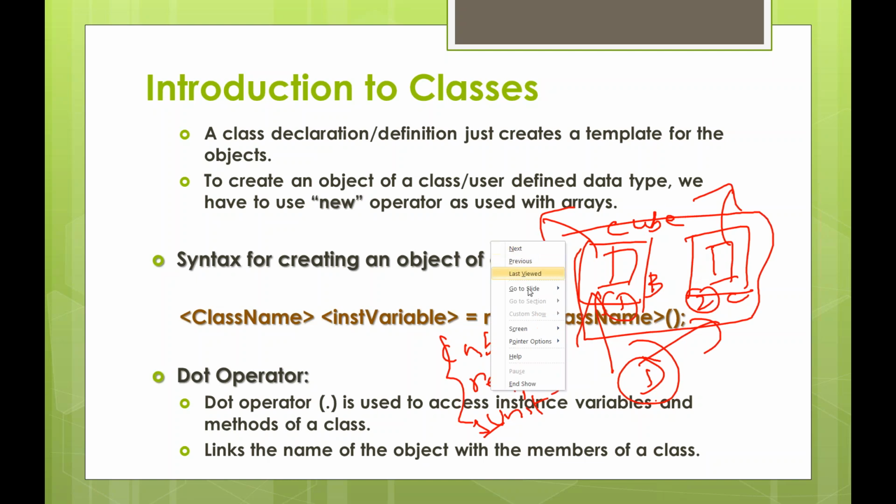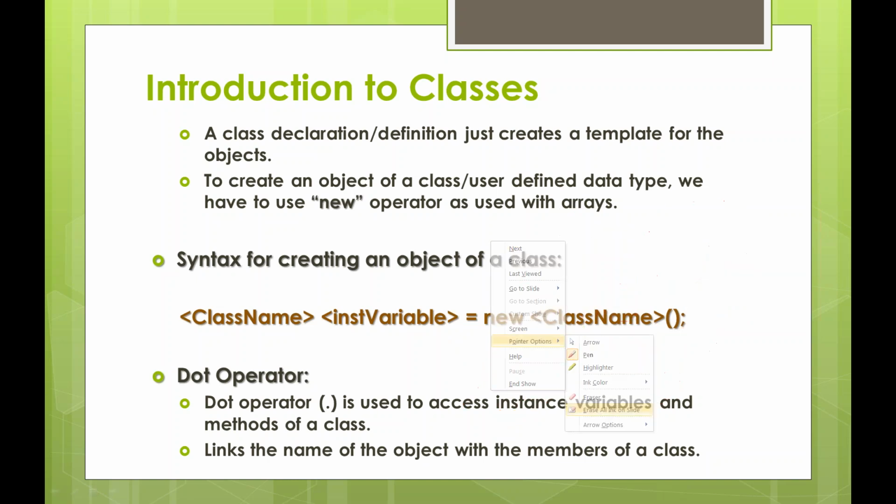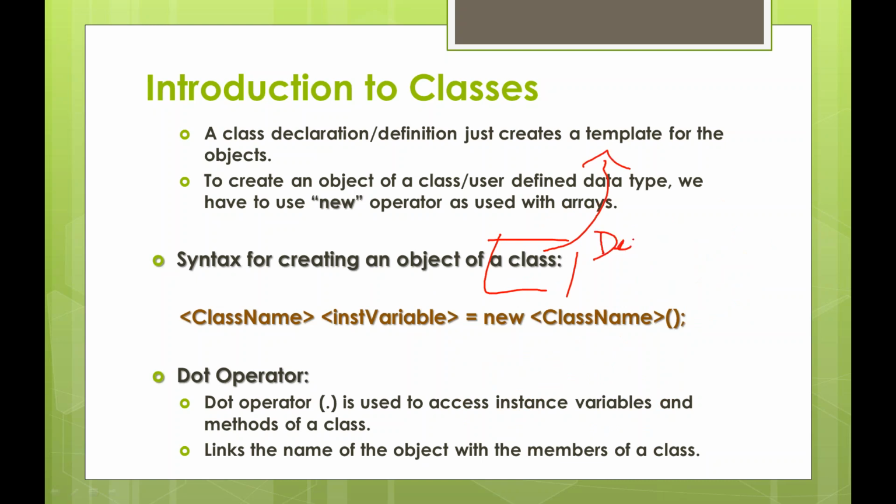Okay, so we can create any number of objects of a class. A class just defines a template, a description for objects of a particular class.